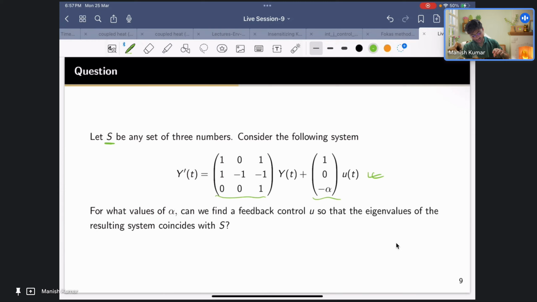Here we just need to check that the Kalman condition is satisfied. So A is (1 0 1; 1 minus 1 minus 1; 0 0 1), and B is (1, 0, minus alpha).